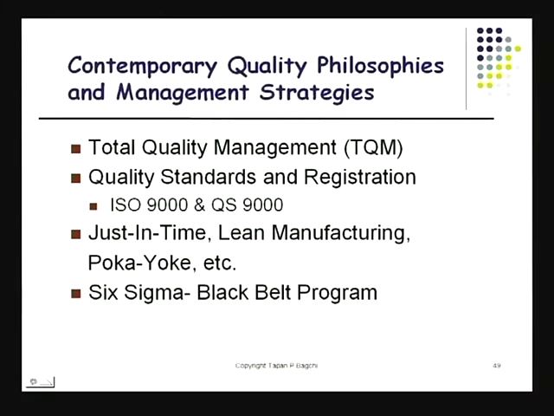This Six Sigma Black Belt program is going to be the focus of our lecture, and we'll be getting into it deeper. It's a specialized program. It requires a lot of good training, and only then can it impact the process. Impacting the process is going to be very important, and I have to be mindful of that.